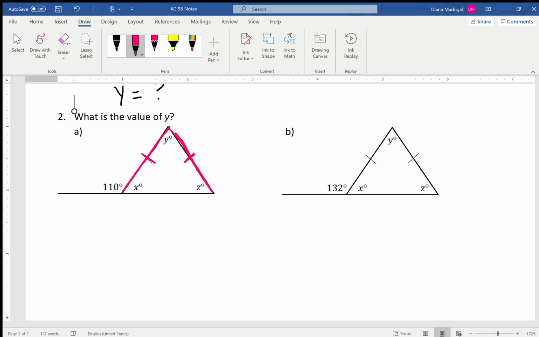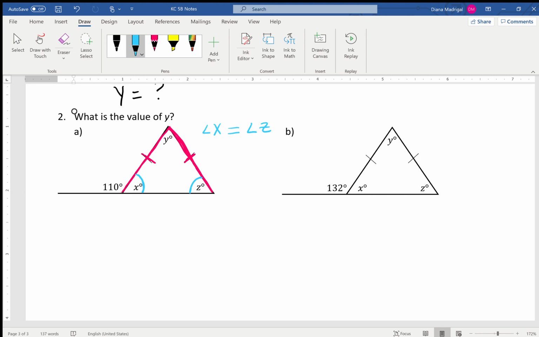A triangle that has two equal sides is called an isosceles triangle, and isosceles triangles also have equal angles. The two angles on the bottom of the triangle are equal to each other. That means angle x is equal to angle z. That's what we know from the isosceles rule.